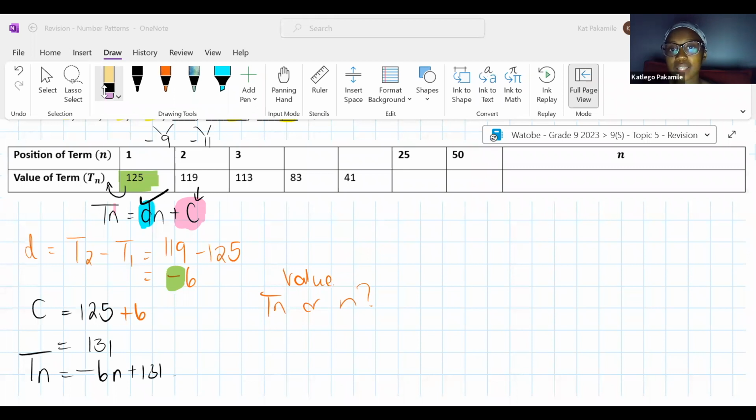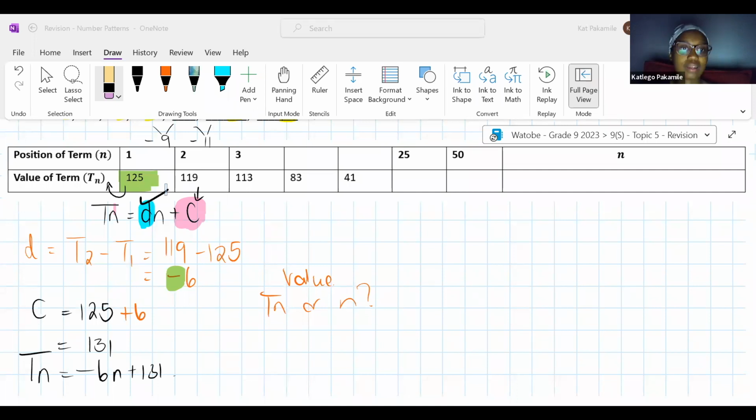If you guys are saying it's N, then you're telling me that the position is Tn. Is that what you're saying? Guys, it's literally in your table. We need to learn how to read. It says position of term is N. Doesn't it say that? Value of term is Tn.